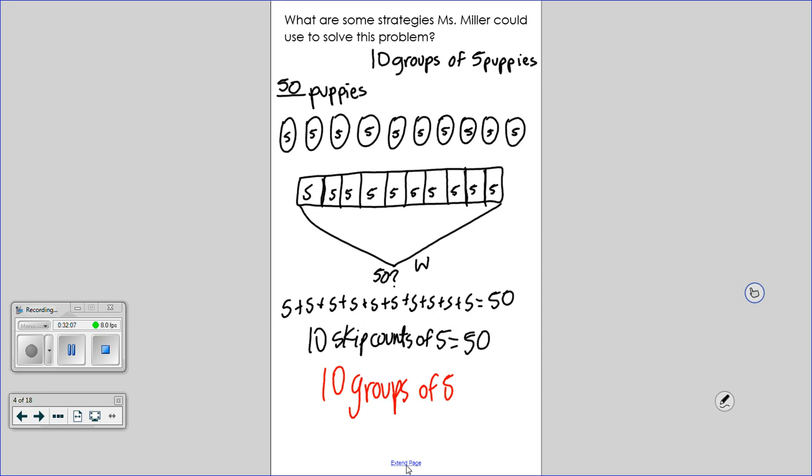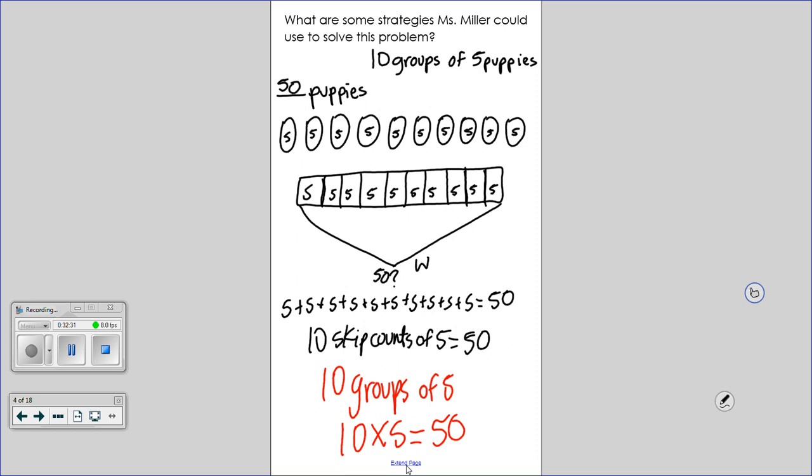I really had 10 times 5, which is equal to 50. So you have been doing multiplication all morning long. That's exciting. Aiden, what's up?